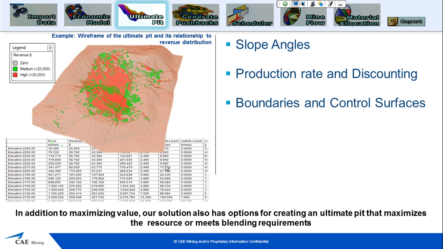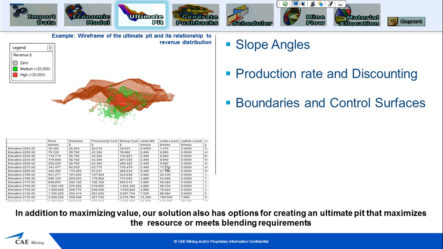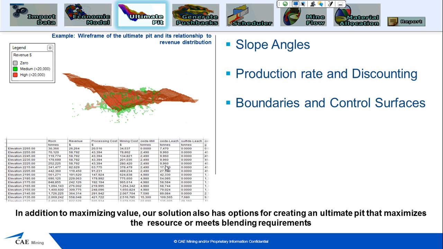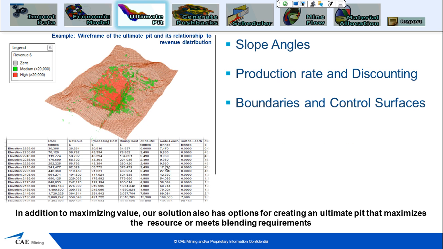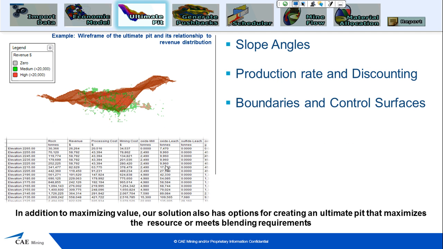So for our ultimate pit, the inputs are, we set up our slope angles, which can be by area, by rock type, or general. We set up our production rate in terms of ore input, or ore run of mine from the pit, and also year-by-year discounting.